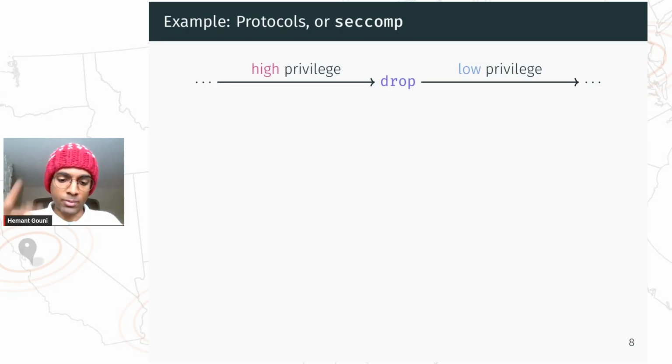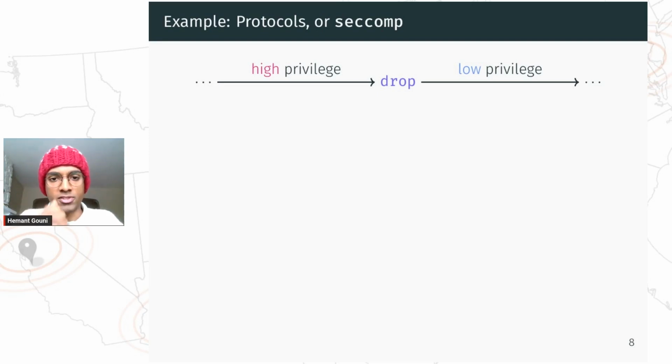So for instance, when your web browser or your web server starts up, it needs to maybe create temporary files and take locks on a bunch of system resources and spin up network sockets and all this stuff. But once it's reached its running state, it really doesn't need most of that. So what it does is it tells the operating system, okay, I've reached my steady state now, and from this point forward, I'm only going to use some little carved out piece of your API surface.